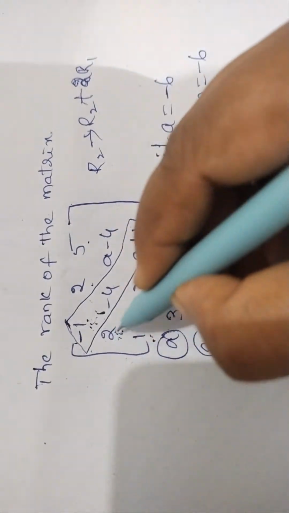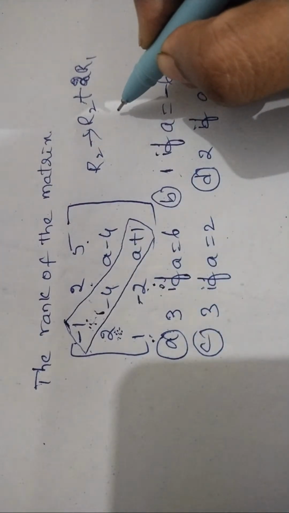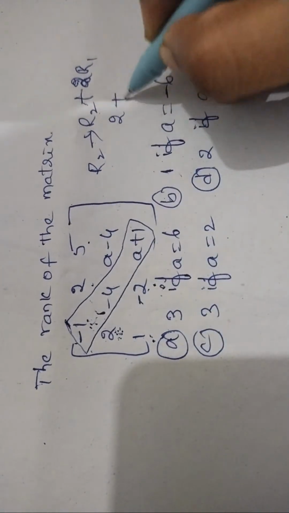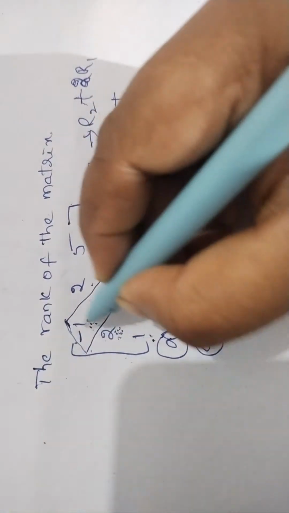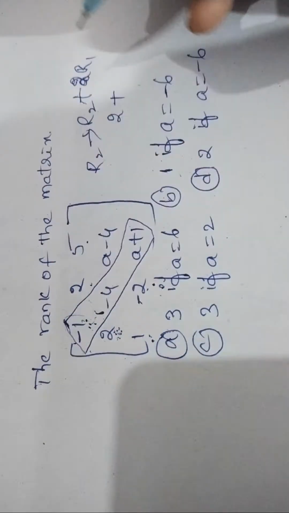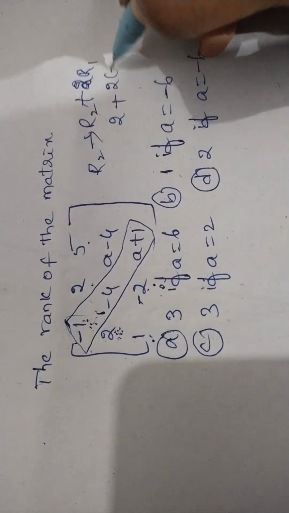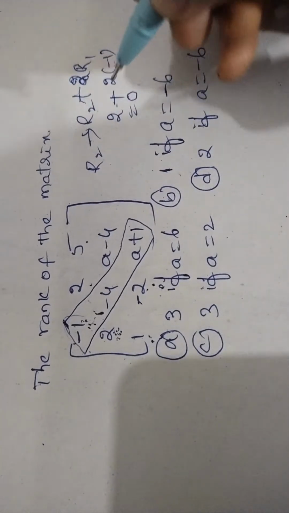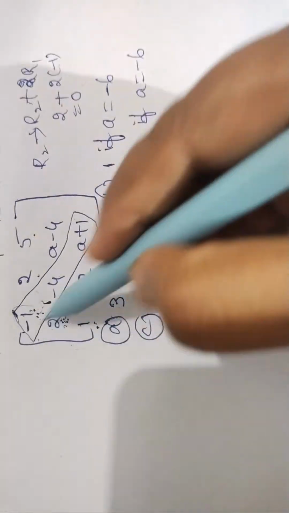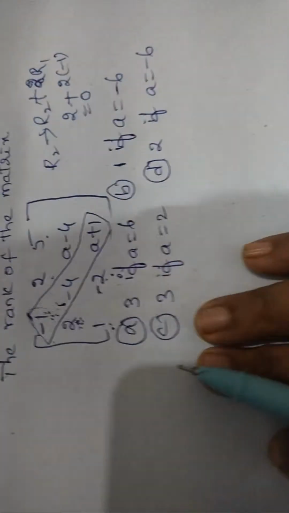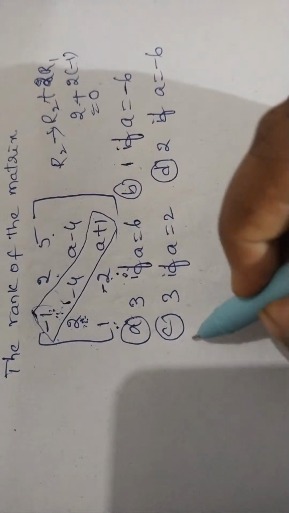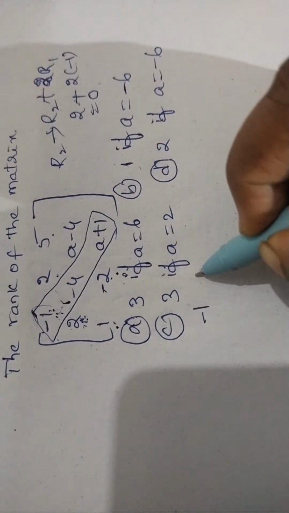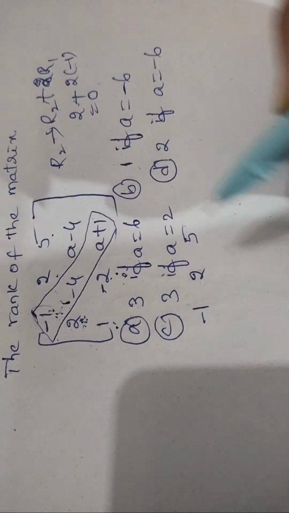So here, what is R2? 2 plus 2 into R1. What is R1 above this? -1. 2 into -1, that value is 2 minus 2, 0. So this R2 value will become 0 because of this operation. Write R1 as it is.